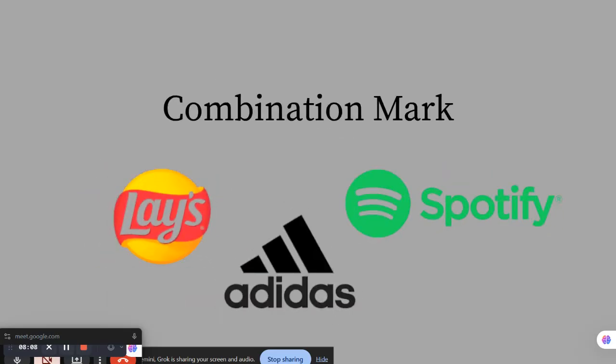Okay, then there is the combination mark or combination logo. Now, this logo is a mix of text plus a symbol. It's best for businesses. Most businesses basically go for a combination mark. It's best for brands that want both recognition and storytelling.